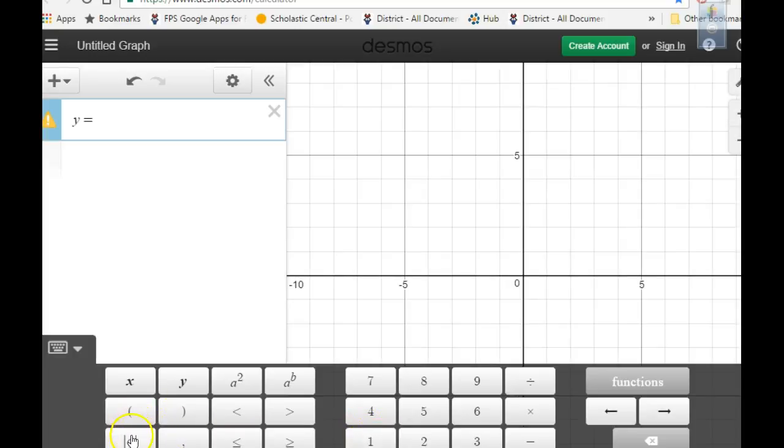So we are going to put in exactly what it says, x plus 1. So you can click on the x. Once you do that, that's our parent function, right? Plus 1 inside that absolute value. Then you're going to move outside the absolute value, and we are going to put minus 2.